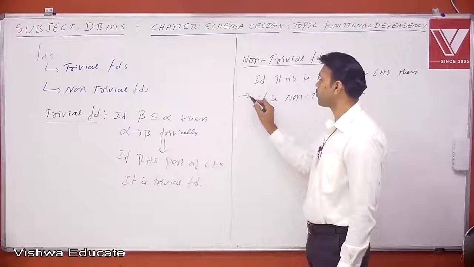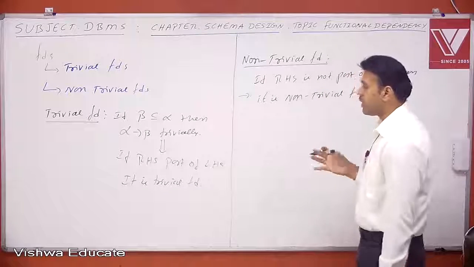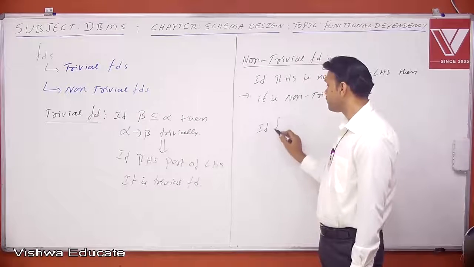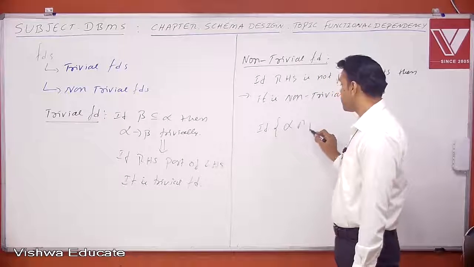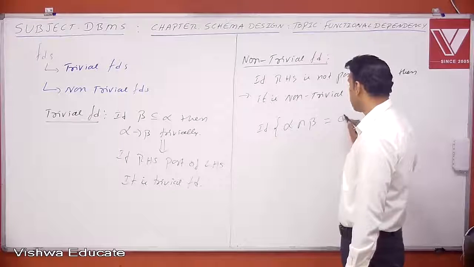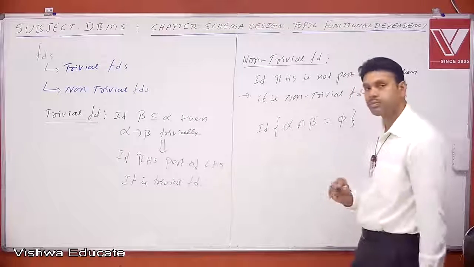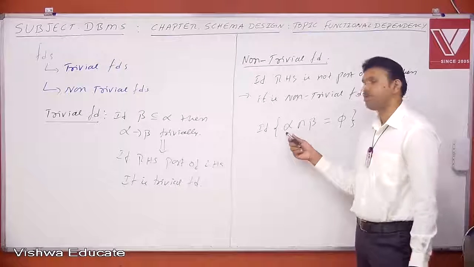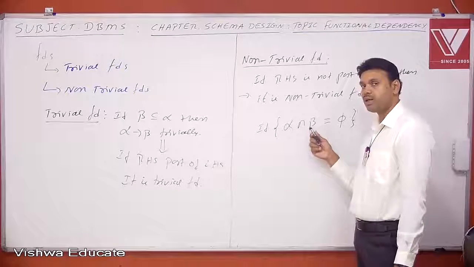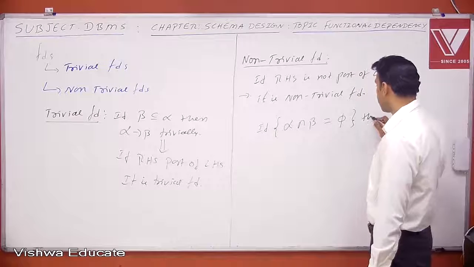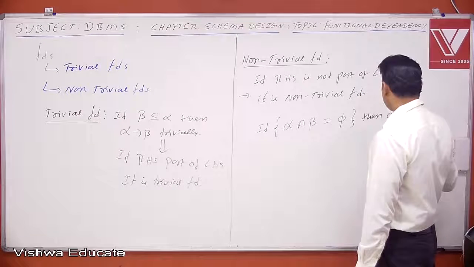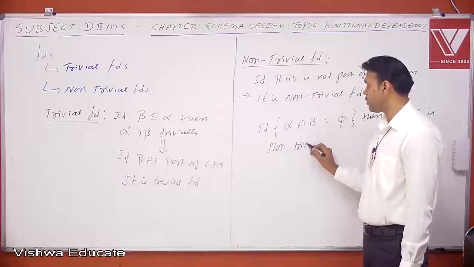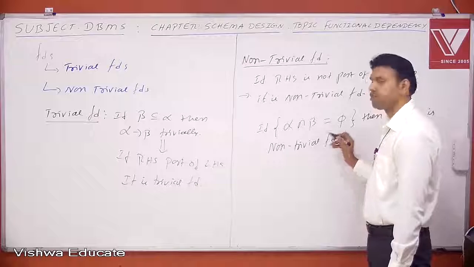The shortcut: I am writing one equation, that is, if alpha intersection beta is equal to phi, then alpha tends to beta is a non-trivial FD.